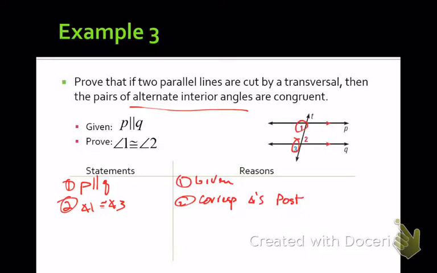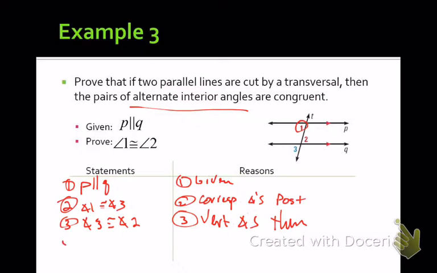Well, what else do we know? If you look, we actually have some vertical angles, angle 3 and angle 2. And so by the vertical angles theorem, they are congruent. Now you have to recognize that statements 2 and 3 are the structure for the transitive property.